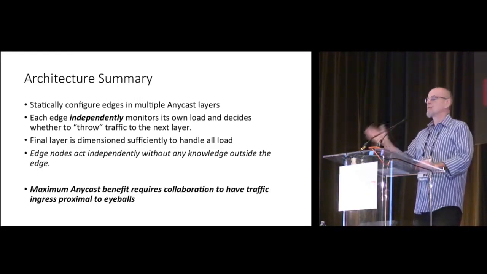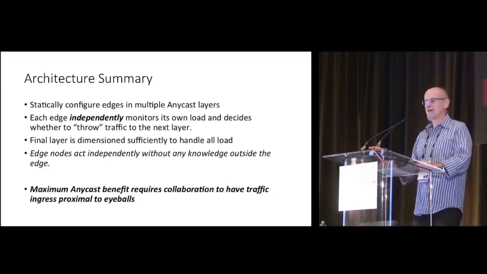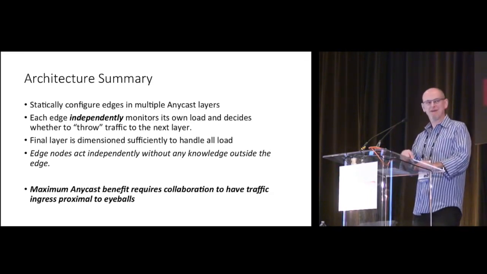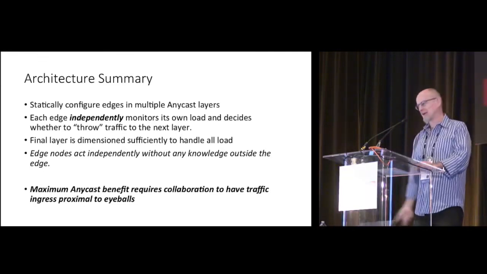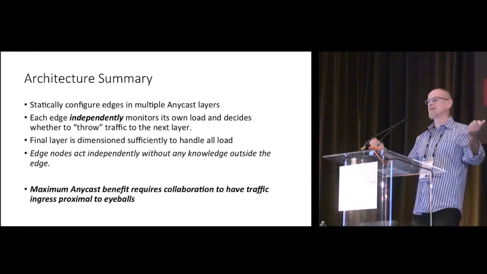In an Azure world, in an AWS world, you can dynamically scale now, so it is fairly simple to do that. And then my pitch at the end is that to get the maximum benefit from Anycast does require a collaboration. We can't impact the inbound path from your customers to our servers at all. It's totally under your control. We're announcing the same routes to you from every point of presence we have.